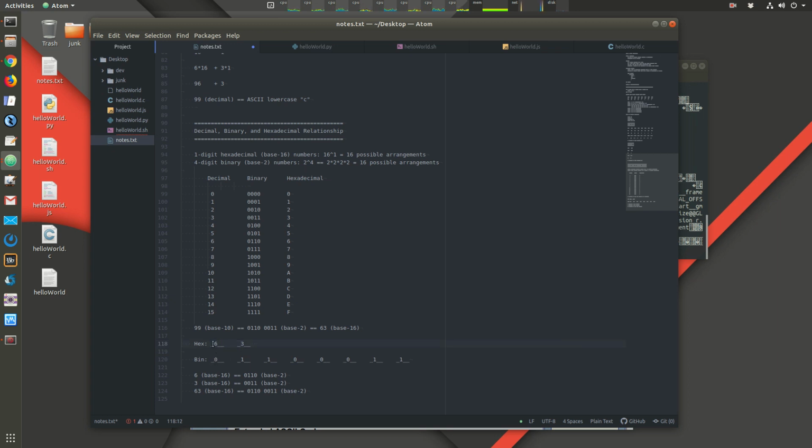Okay, so in hex, all I do is I look up the number in a chart. I can make this chart real quick, and I look up the number 6, and there's the binary representation. Slap it in there. All right, I look up the number 3. There's the binary representation. Right, I slap it in there, and that can work both ways, though.